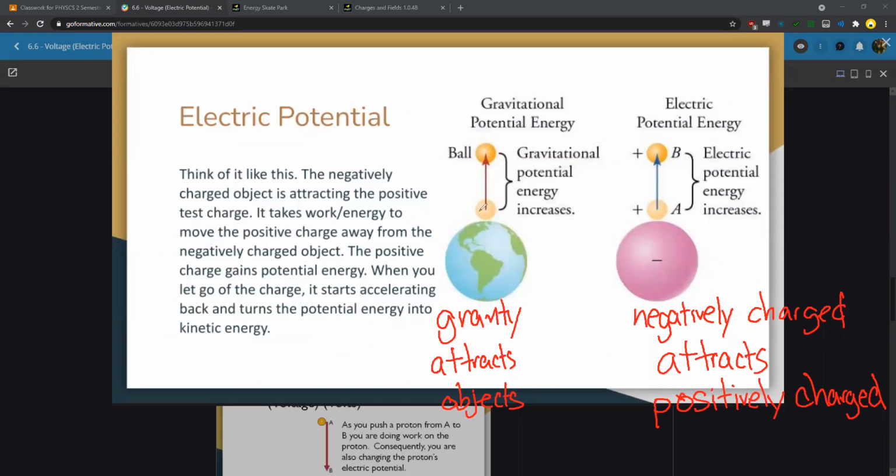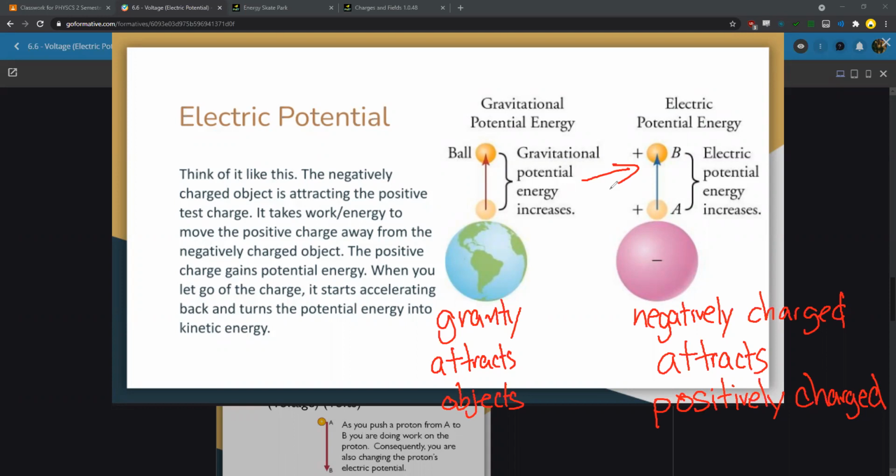So if you're basically lifting a ball against the gravitational attraction of Earth, you are giving it potential energy. And so I want you guys to apply that same exact logic to electric potential.